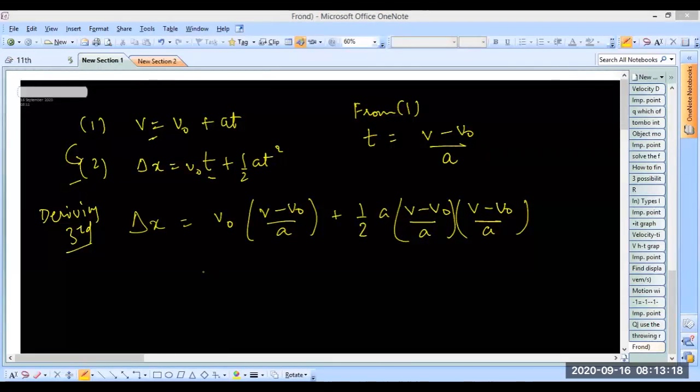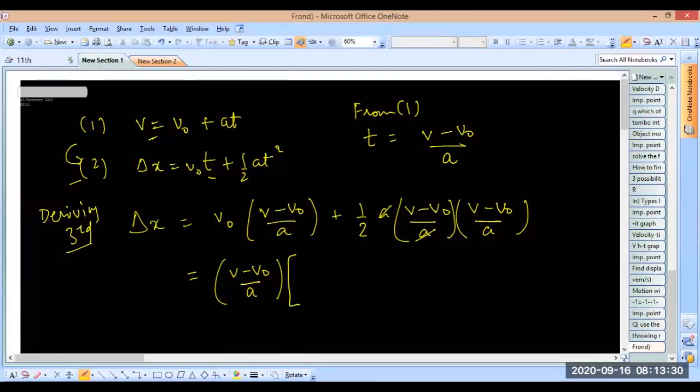Now, first of all, this a cancelled, all right? Second, you see (v minus v0) by a is common. You understand what is common, right? What's left behind? v0 plus (v minus v0) by 2.